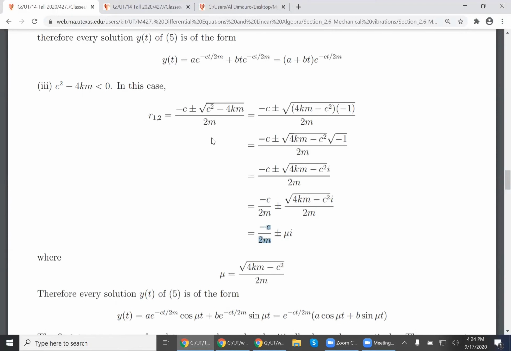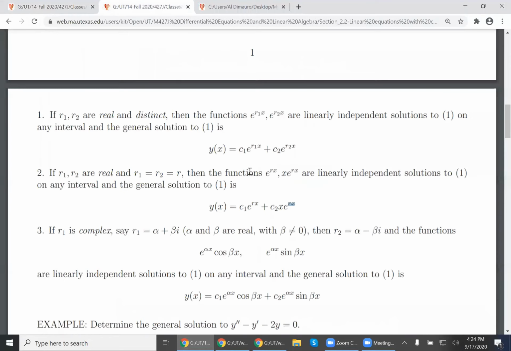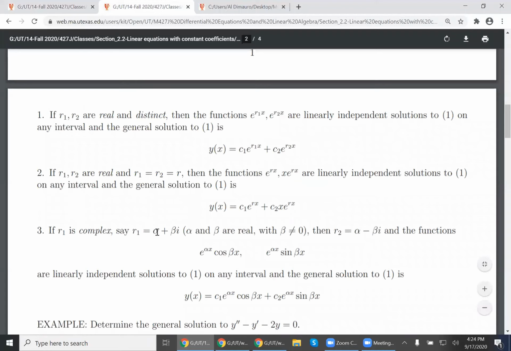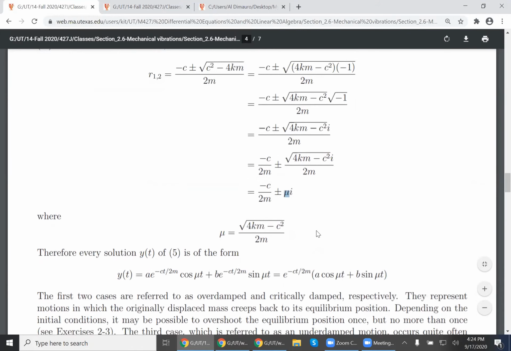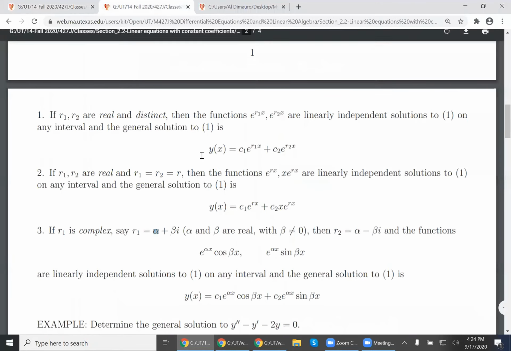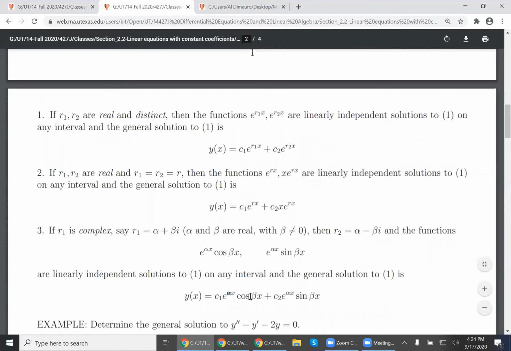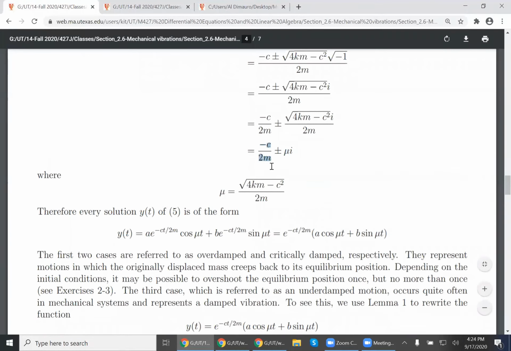Now, this is case 3. In our case, alpha is equal to this, and beta is equal to mu. We replace alpha and beta in this formula by this, and the result follows.